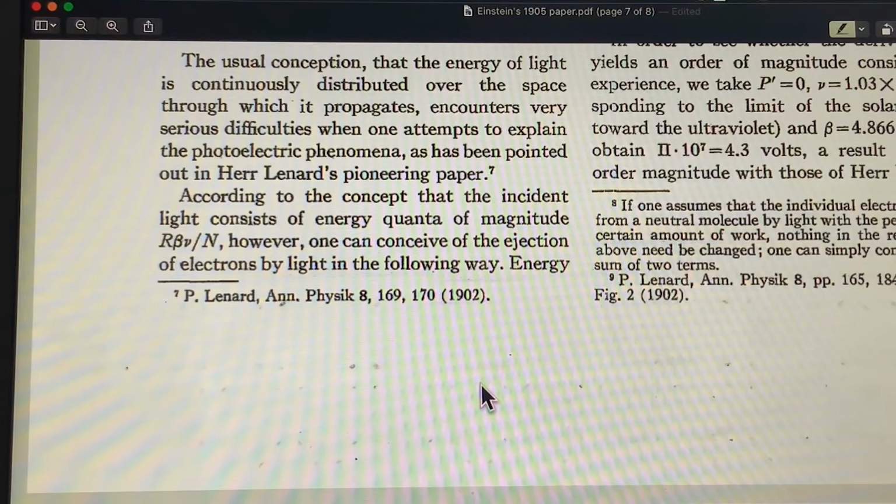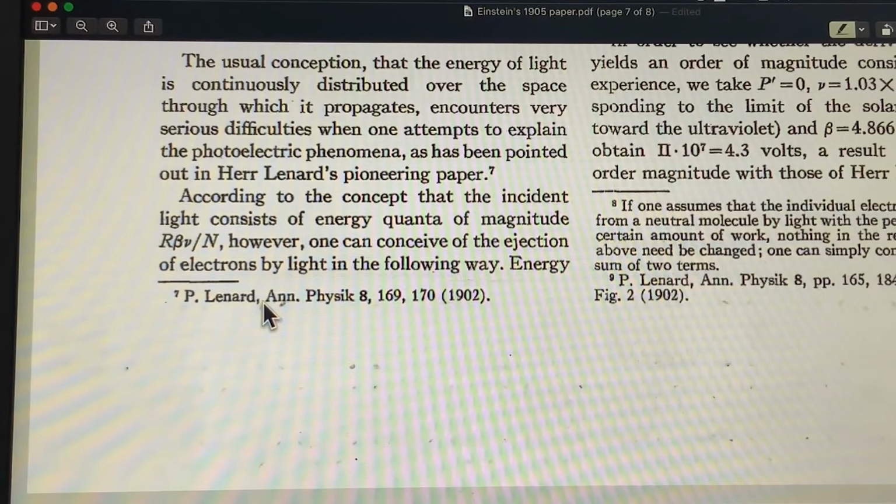So he talks of this Lenard paper. The reference is given here, 1902, and that's the only paper that he refers to.